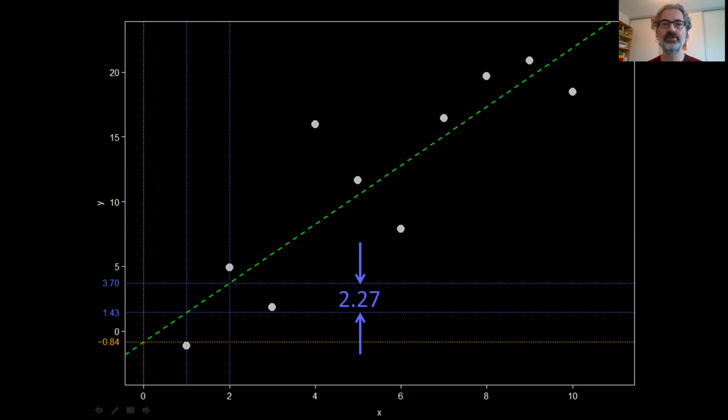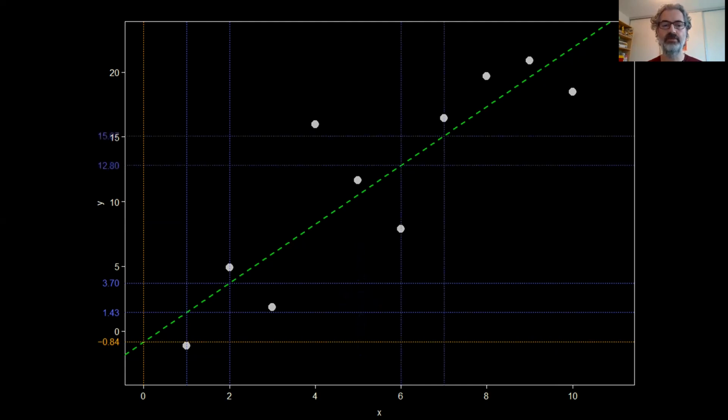This is called the slope, and because this is a straight line, the slope is the same everywhere. So it could have done this somewhere else. For example, we could have done it here. X equals 6 is this line, and 7 is this line. So these two lines are 1 unit apart. Our predicted y for x equals 6 is 12.8.